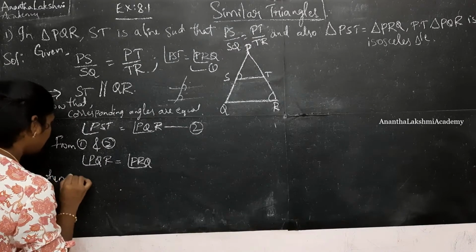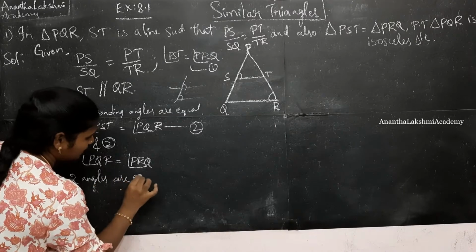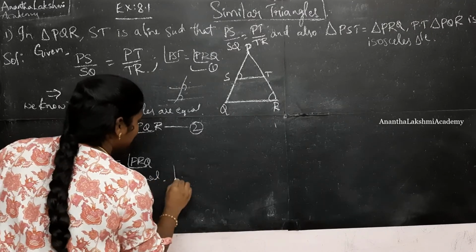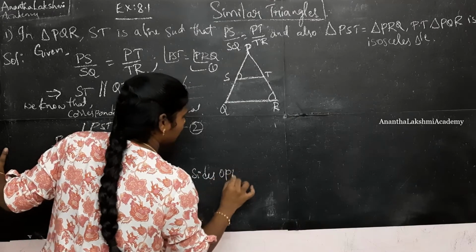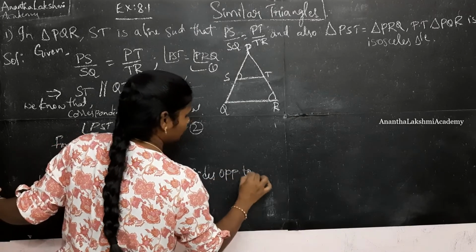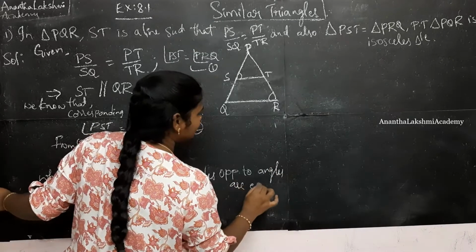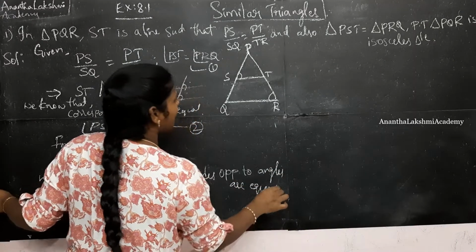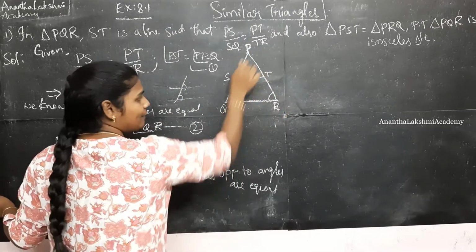Let me write the same: when two angles are equal, the sides opposite to the equal angles are equal. So if you consider the side opposite to angle Q, PR, and the side opposite to angle R, PQ.